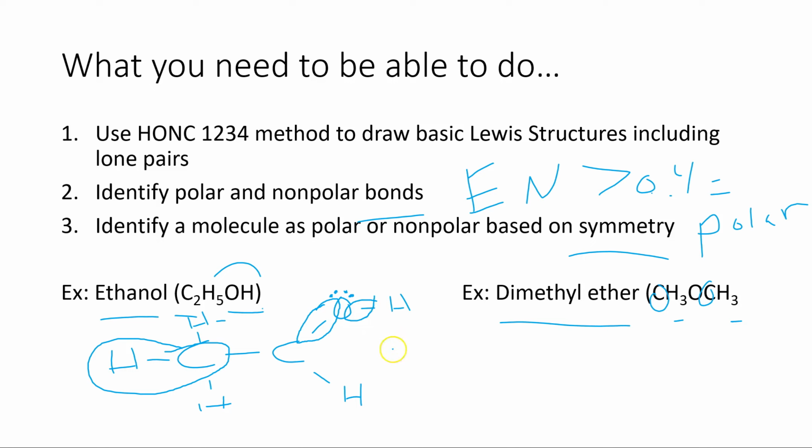Okay. So the question is, are those bonds balanced overall? Right? So if we were to look at one side of this molecule, is there one side with more polar bonds? And that is a yes, right? We do have more polar bonds on this side, and we have unbalanced lone pairs. So this is a polar molecule.